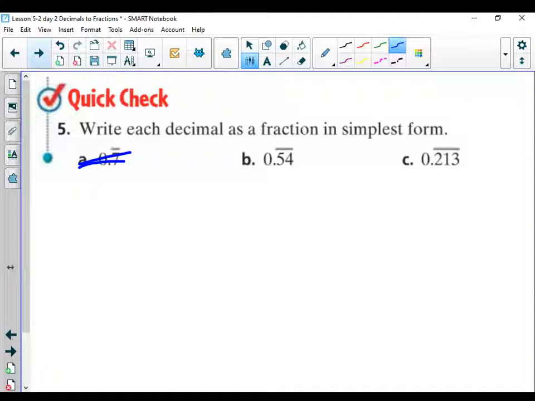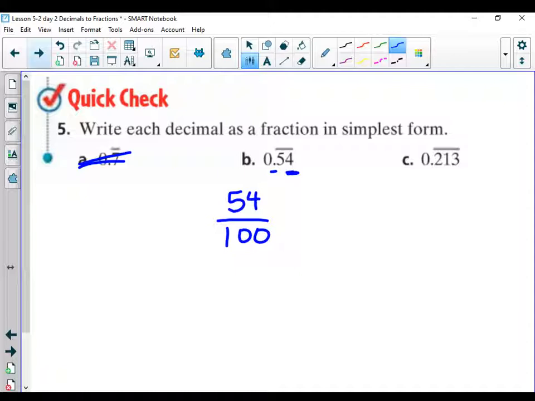Okay, here's what's tempting to do. It is tempting to say 54/100. But guess what? We can only say 54/100 if it was terminating, if it ended in the hundredths place.